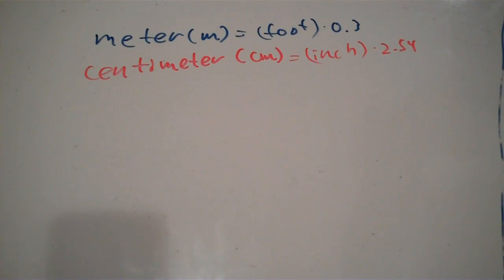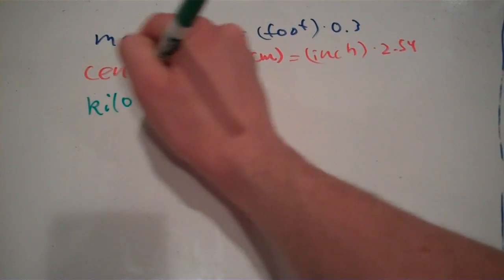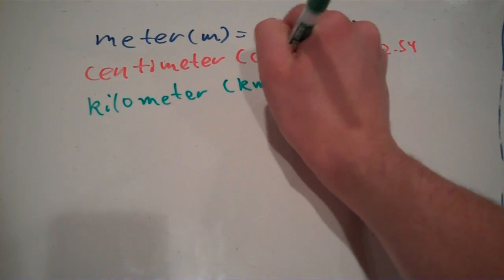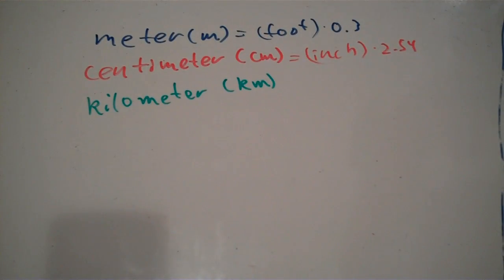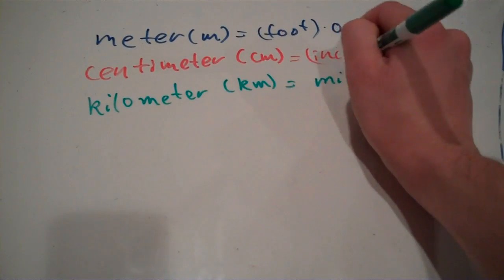Now, another metric system length measurement is the kilometer, which is abbreviated km. K for kilo and m for meter. Now, the kilometer is the metric system replacement for the mile.